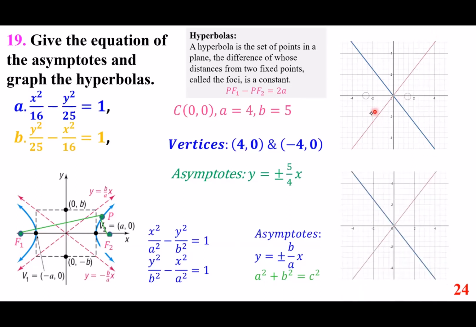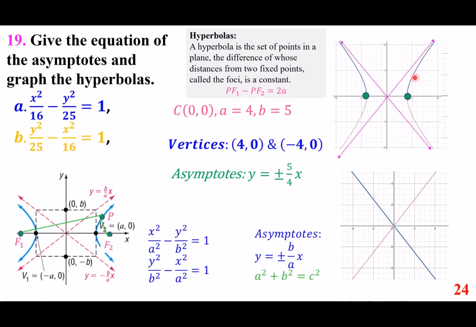Let's locate those. Again, this one is for the second one, and for the first one, looks like this. I wanted you to be exposed to both of them on the same page so you see the difference.